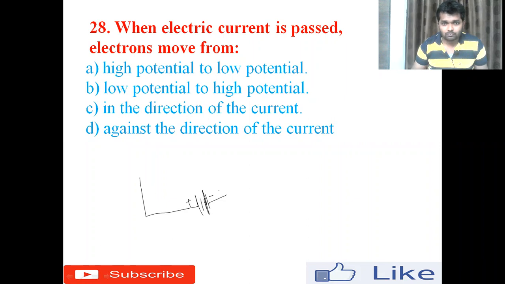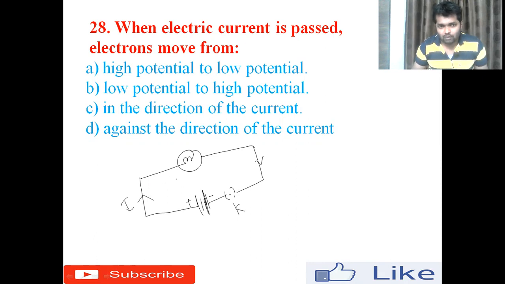Bulb. Now what is happening? The current is flowing in this direction. The current will flow from the positive terminal to the negative terminal. This is the switch. Key means switch. So now the current is flowing from the positive terminal to the negative terminal.